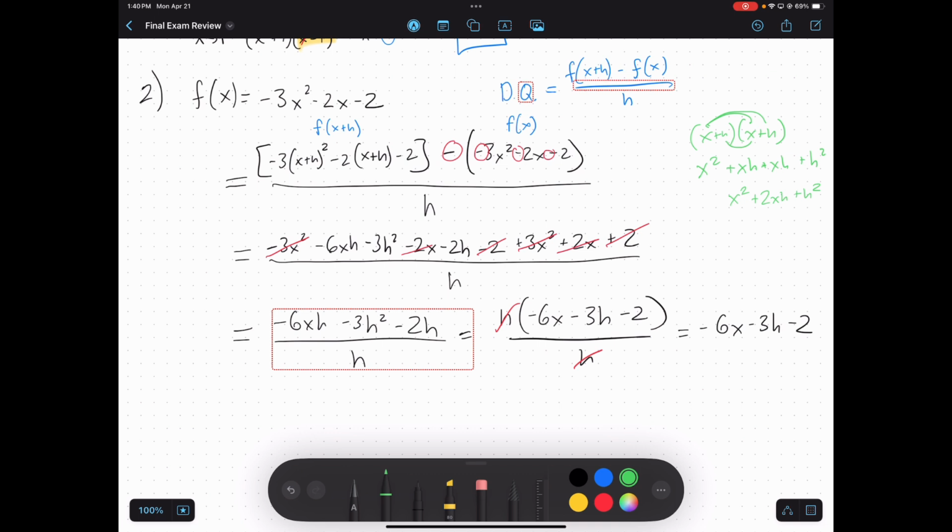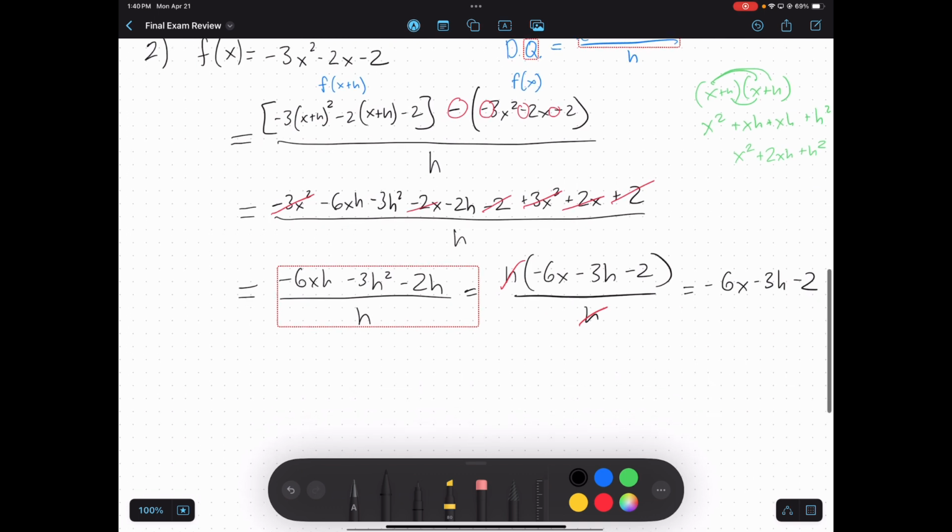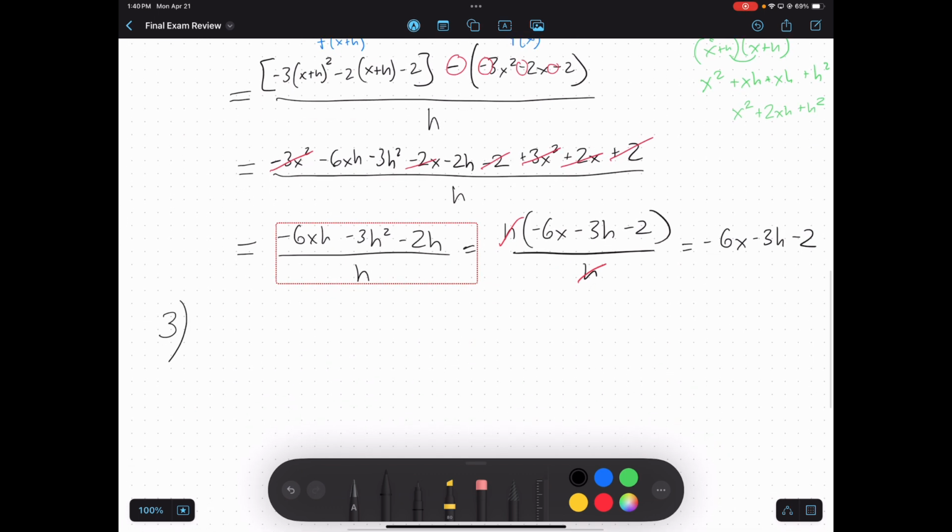You good? Okay. Number 3, very nice. Now we get into actual derivatives. When we first talked about derivatives, we did it all using the difference quotient, and then we learned all these shortcuts. Now you know all the derivative rules, so don't stress about whether to use the difference quotient or just your derivative rules.